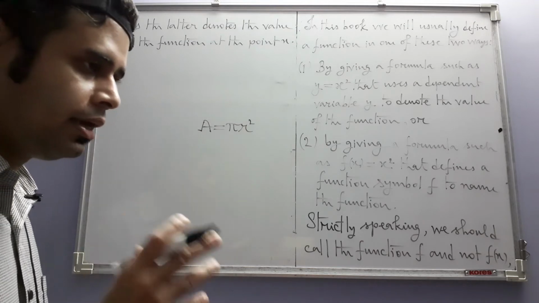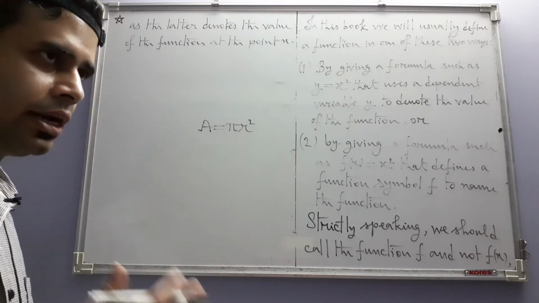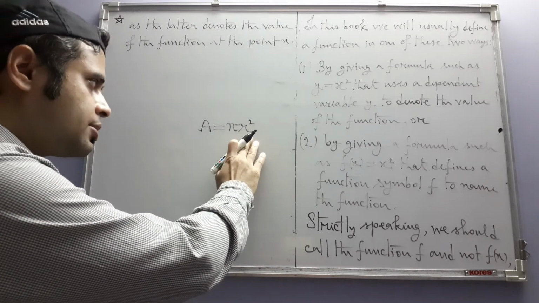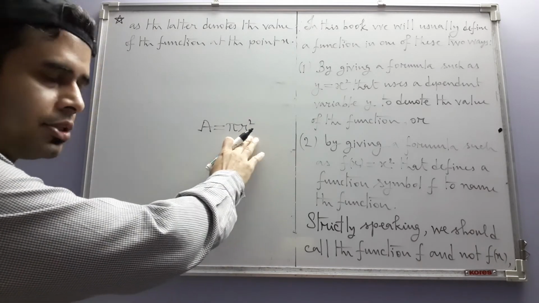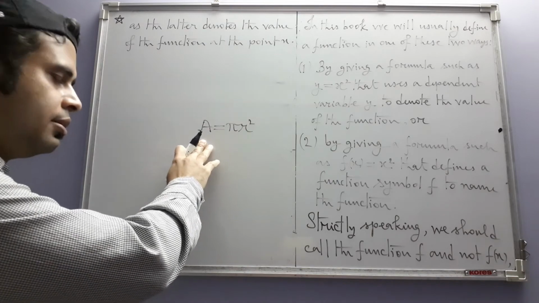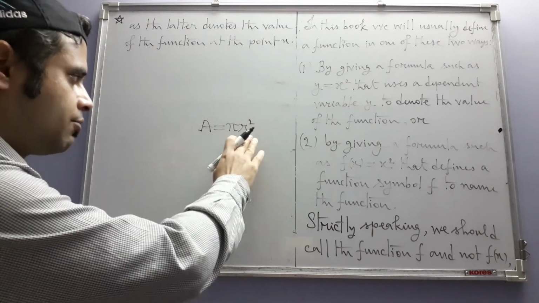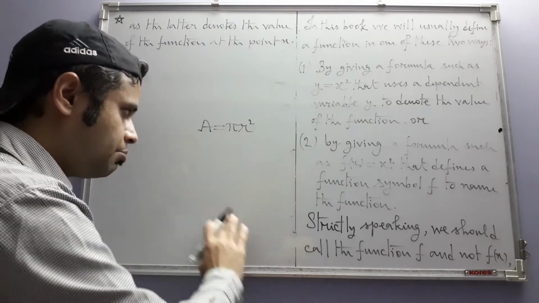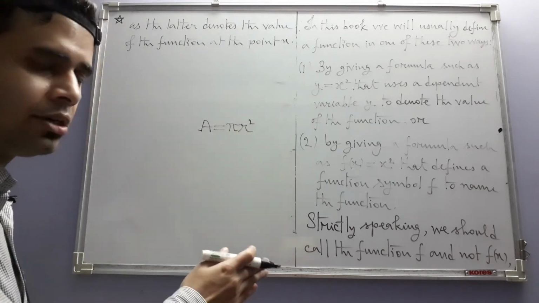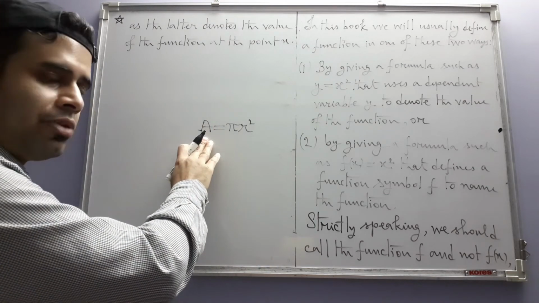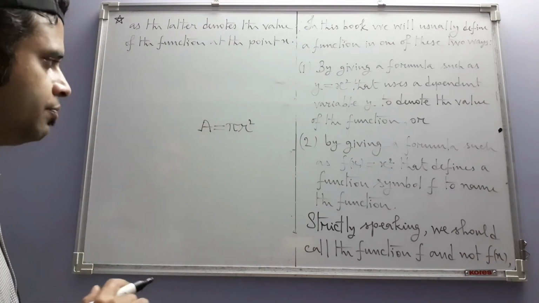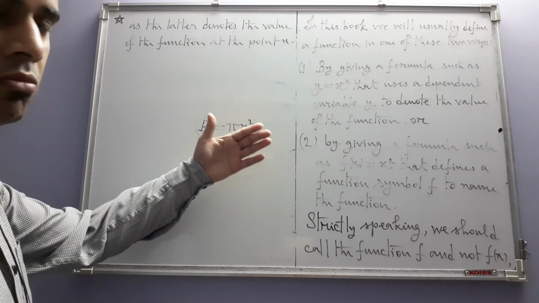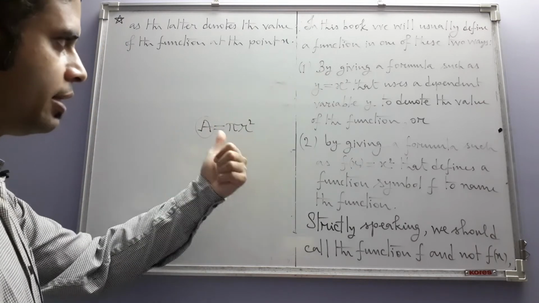When we say A is a function of r, we really mean that there is a function which links the independent variable r to the dependent variable A in such a way that for each input value of r from the domain of the function, there is a unique output value of A in the range. A itself is not the function. The function is there in the background, which this formula does not name.